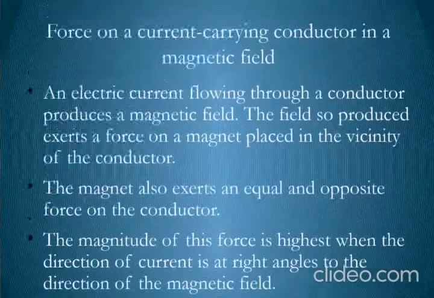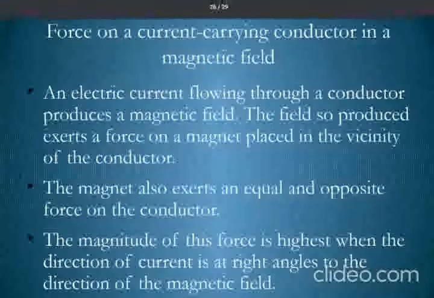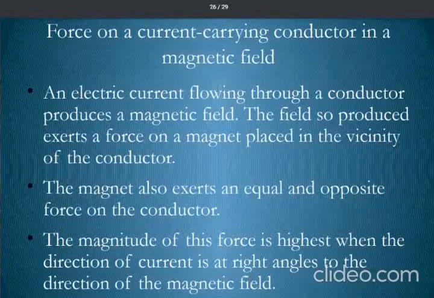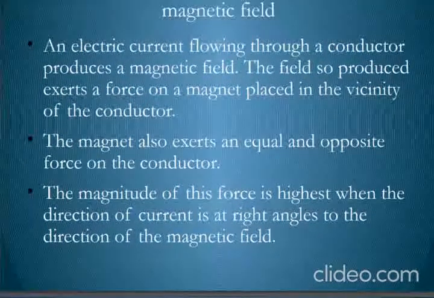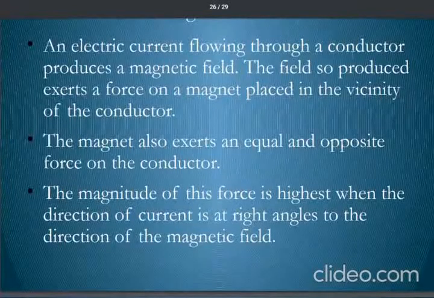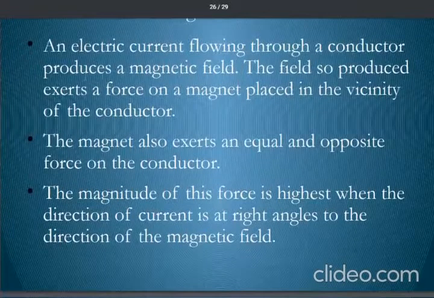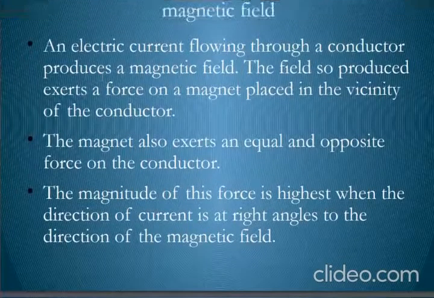Now, force on a current carrying conductor in a uniform magnetic field. An electric current flowing through a conductor produces a magnetic field. It is well known to all of us.